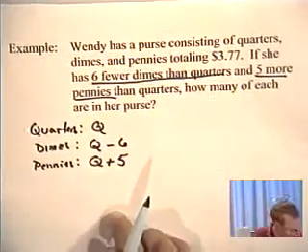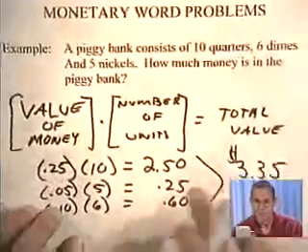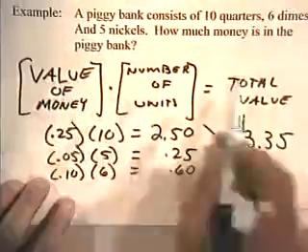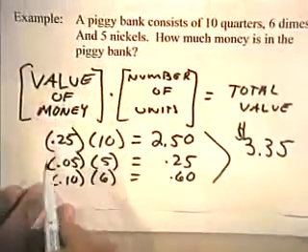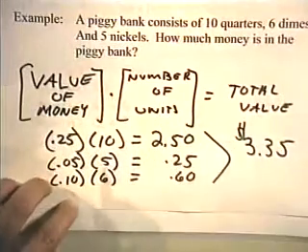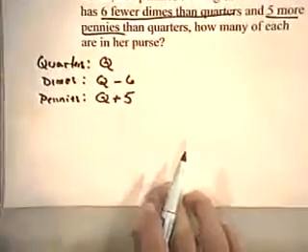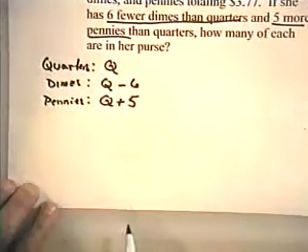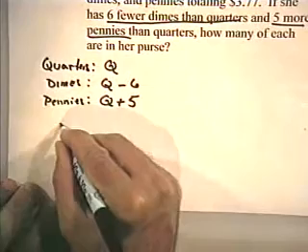Now, let's go back to our equation that we're going to use. Value of money times number of units equals total value. Well, we've got Q quarters. The value of a quarter is 0.25.